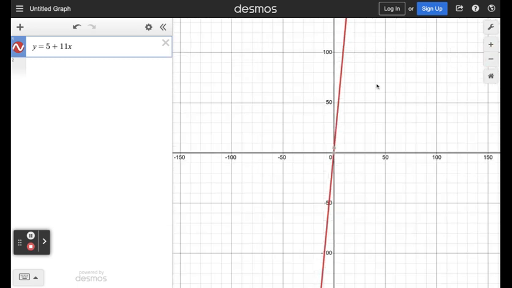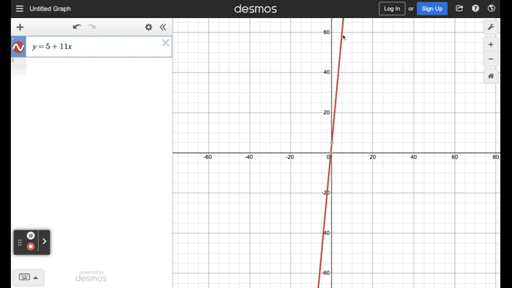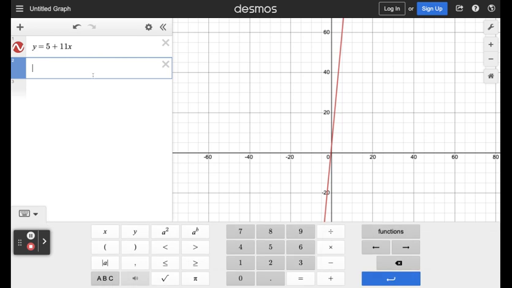And then it said that we can't pay more than $60. So 60 will be the end of our domain. Wait, no, sorry. Here, let's type it.